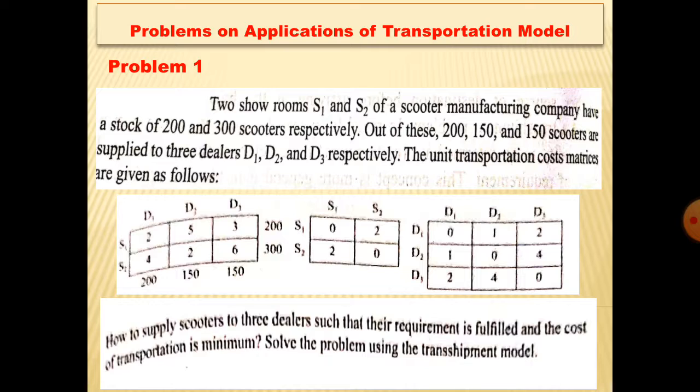Okay, these are the different types of problems we have solved, and let's continue some more problems through the applications.